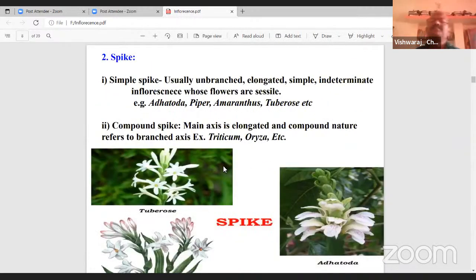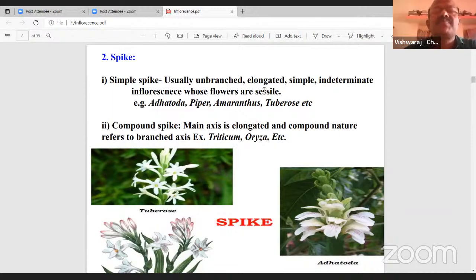Then spike. Second type of racemose inflorescence is a spike. Simple spike and compound spike. Usually unbranched, elongated, simple, indeterminate inflorescence whose flowers are sessile.